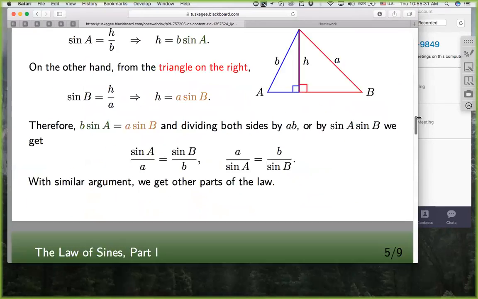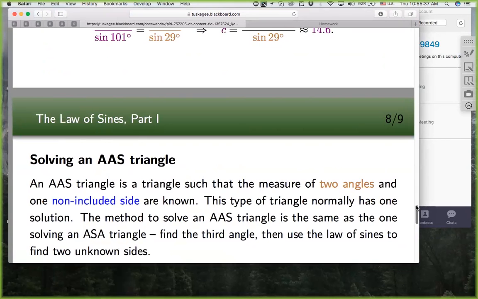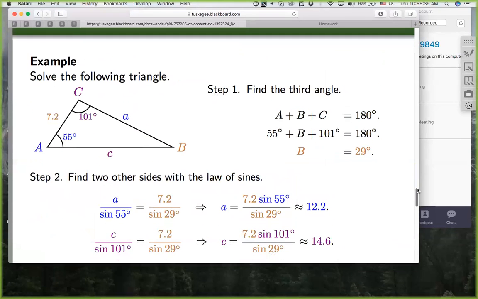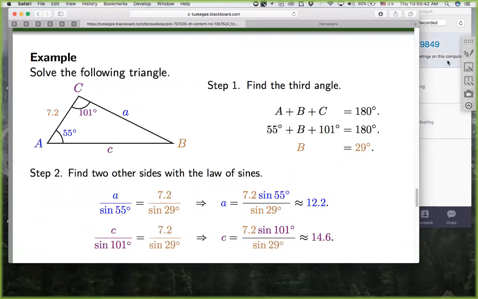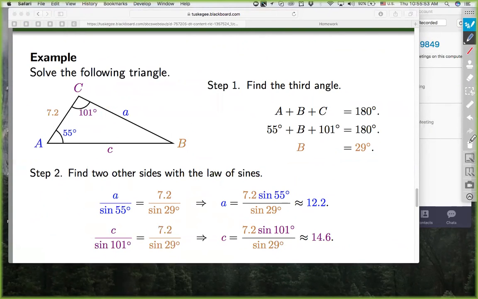So here's an example question, a typical example. If you're given a triangle and a few angle values and side lengths, what we need to figure out is two more sides and one more angle.